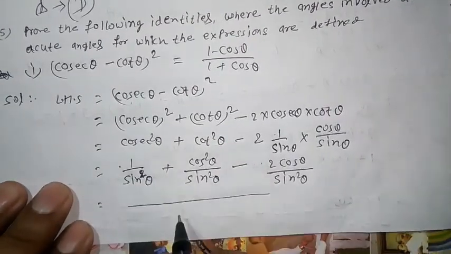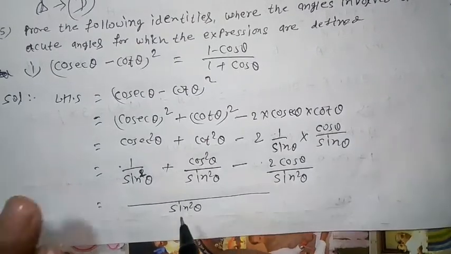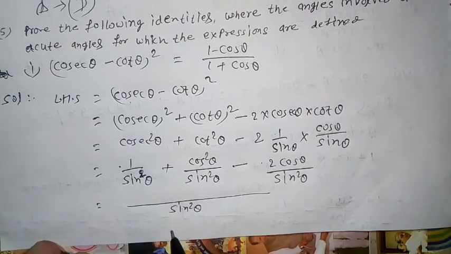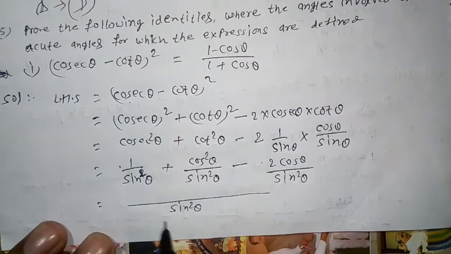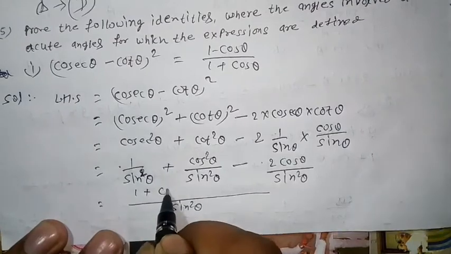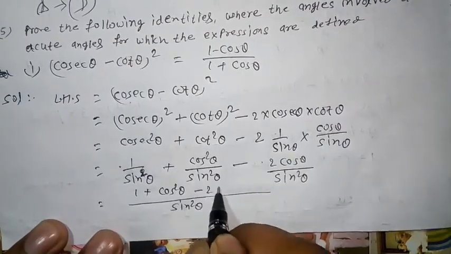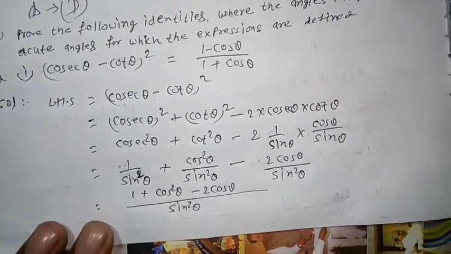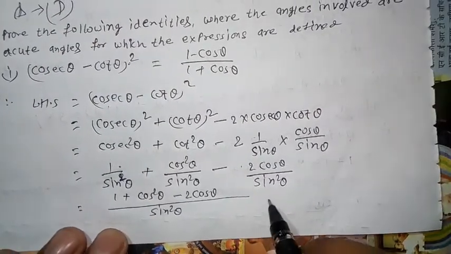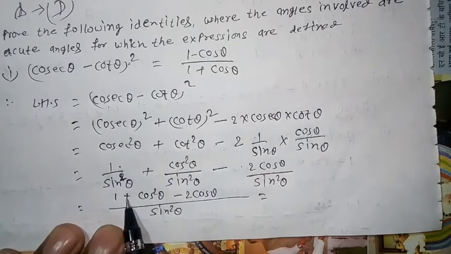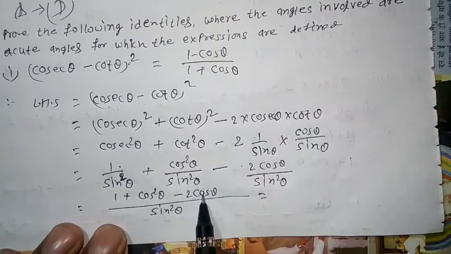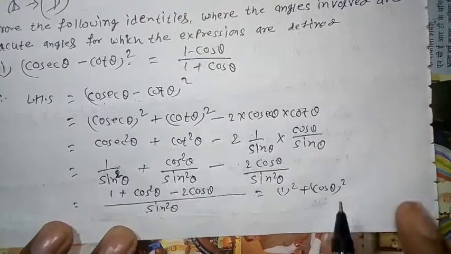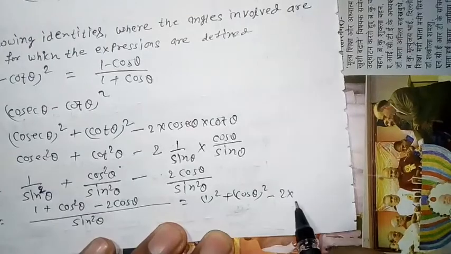The LCM is sin square theta. So 1 plus cos square theta minus 2 cos theta, which is of the form a square plus b square minus 2ab.